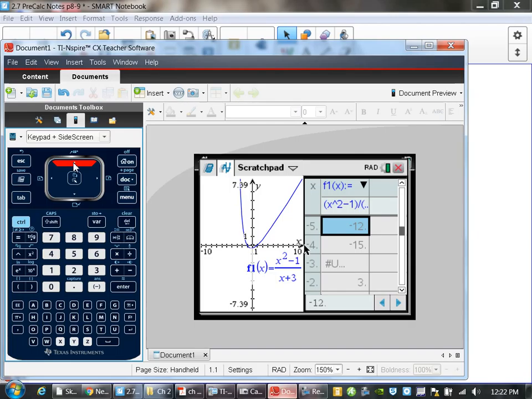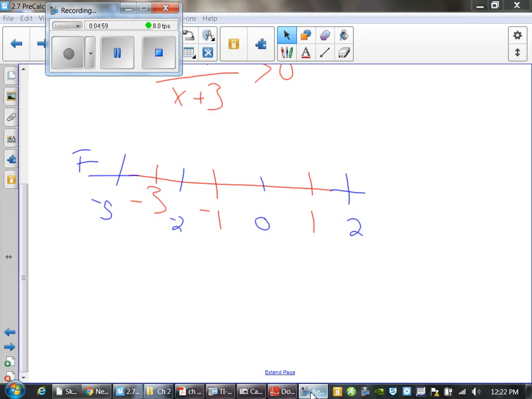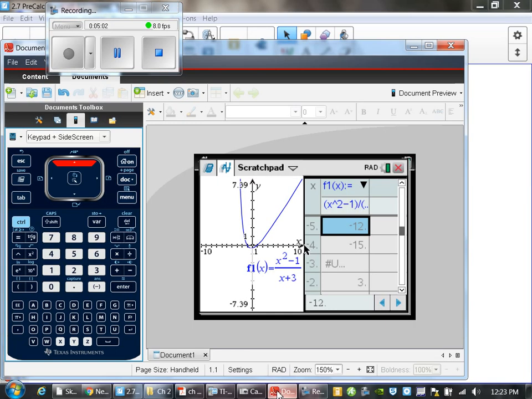Yours is full of charts. Grab this. So at negative 5, it's negative, so that was false. Yes, ma'am. Wait, it's not working.